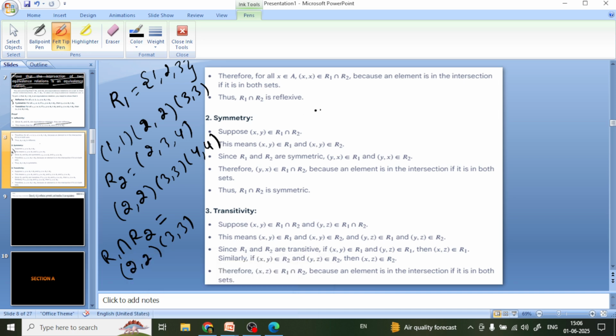So now you can see this is a reflexive R1 intersection R2.